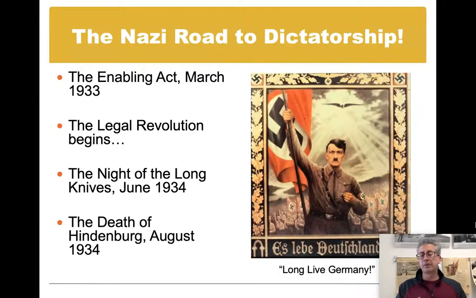And the German people in a referendum will give the thumbs up, the green light, that they approve of what Hitler is doing. So by the end of 1934, he has firm control of Germany, and now he can start working on enacting some of his short and long-term plans for Germany.